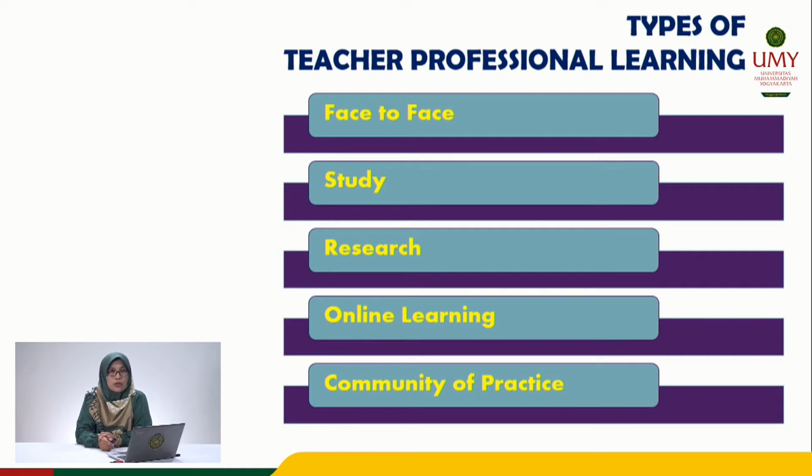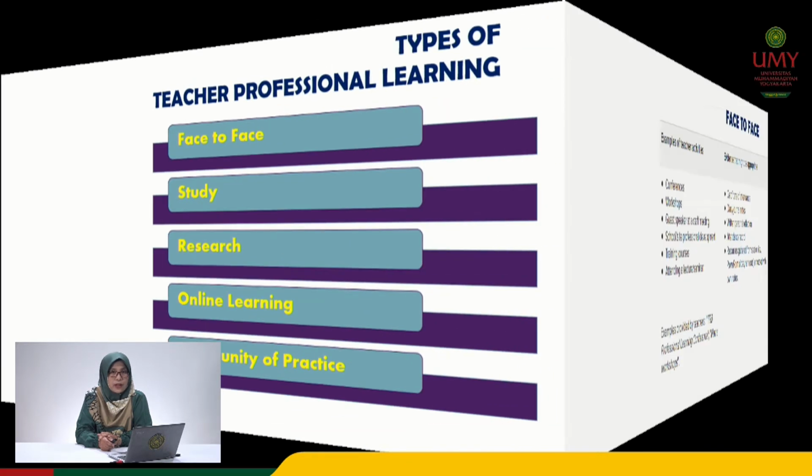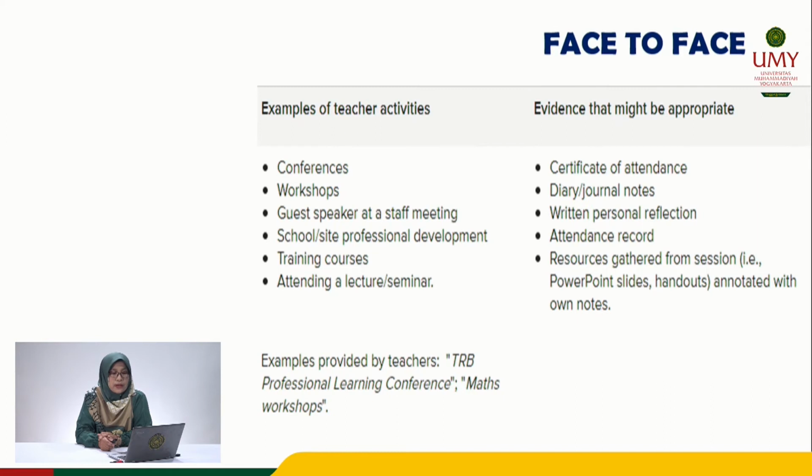So now we are going to talk about detailed activities of these five types of professional learning. The first one, face-to-face. In this type of professional learning, teachers can have several activities.